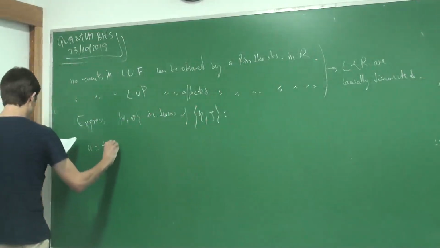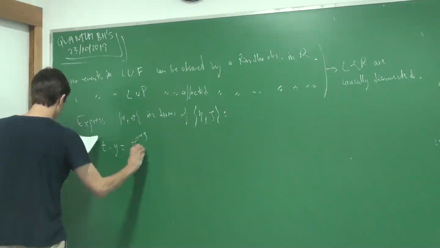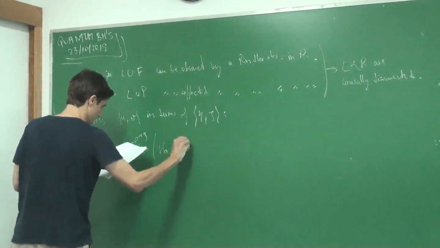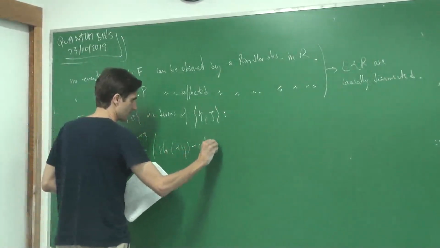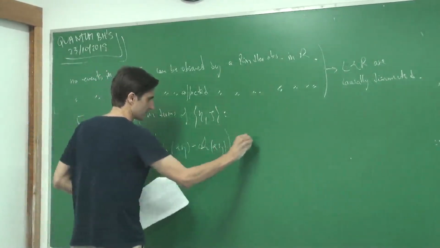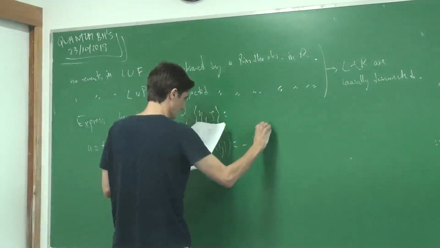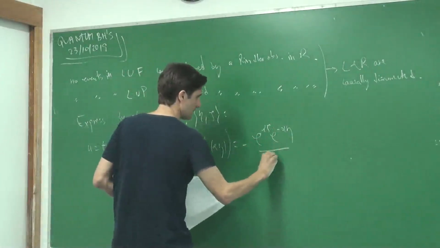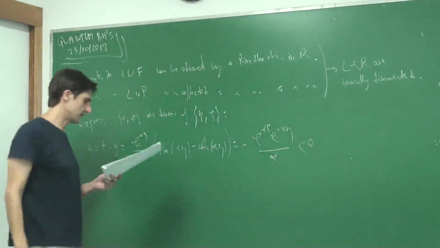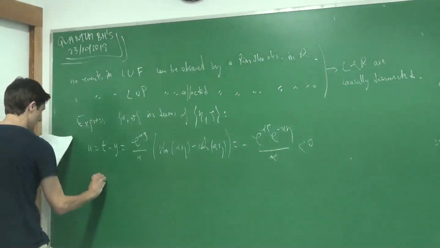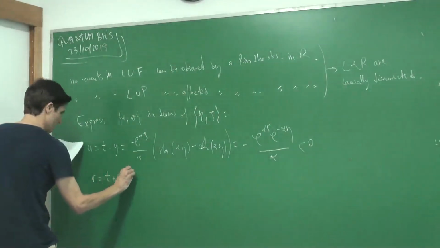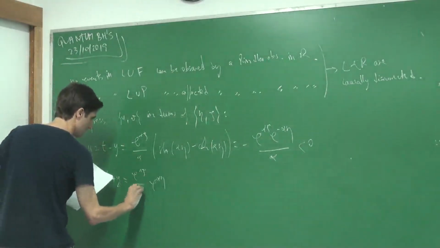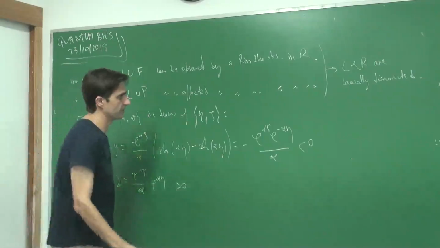So U is t minus y, that gives you this. So that's negative in the Wheeler wedge, and V is t plus y, which is positive.